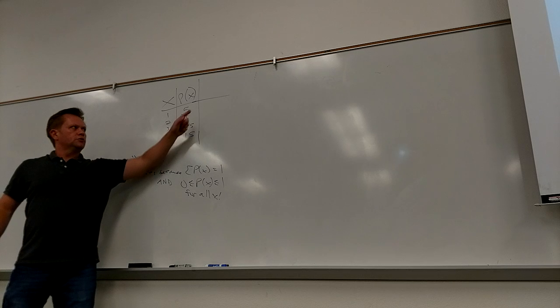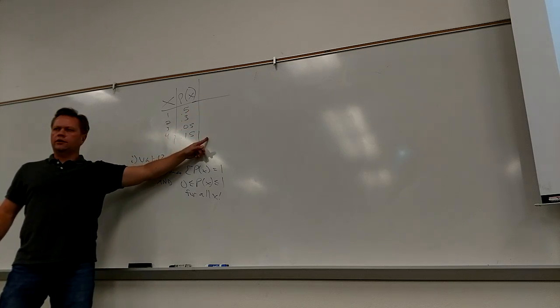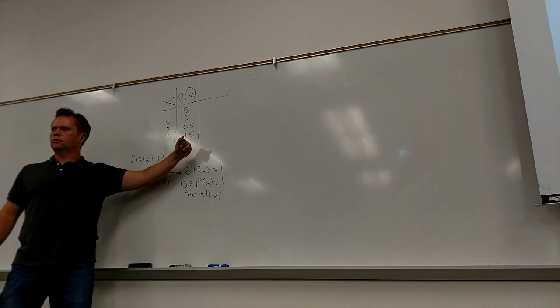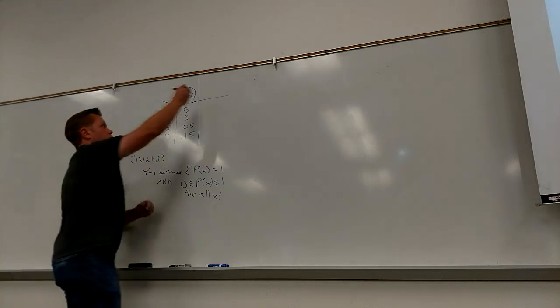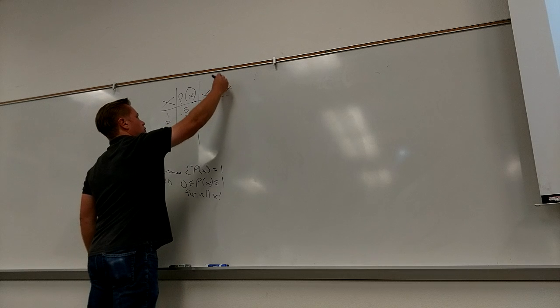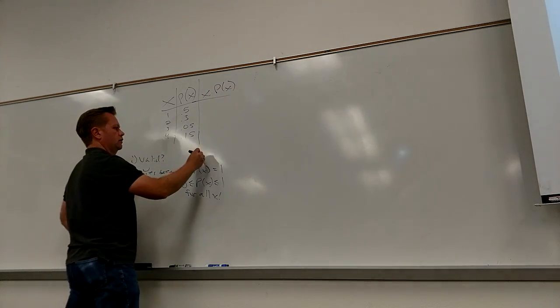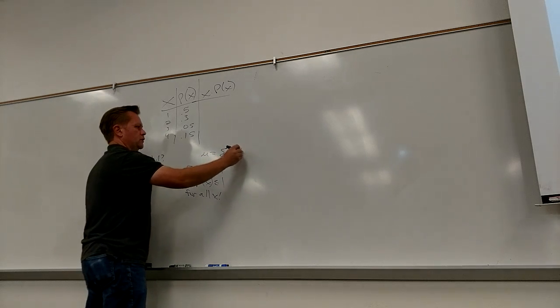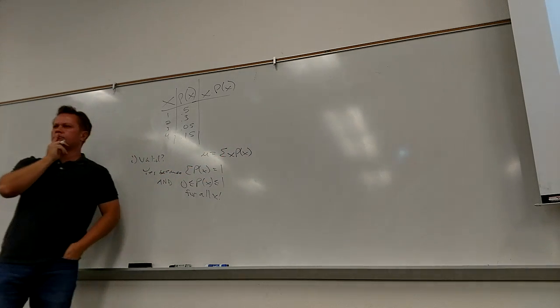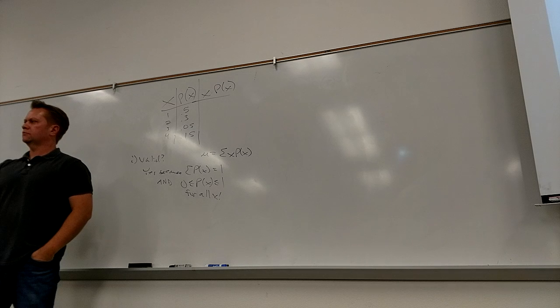Who remembers how to do the next column to start to figure out the mean? Multiply x by p of x. Yes, do x times p of x, because what is the formula for the mean? It's the sum of x times p of x. What was the other name for the mean?